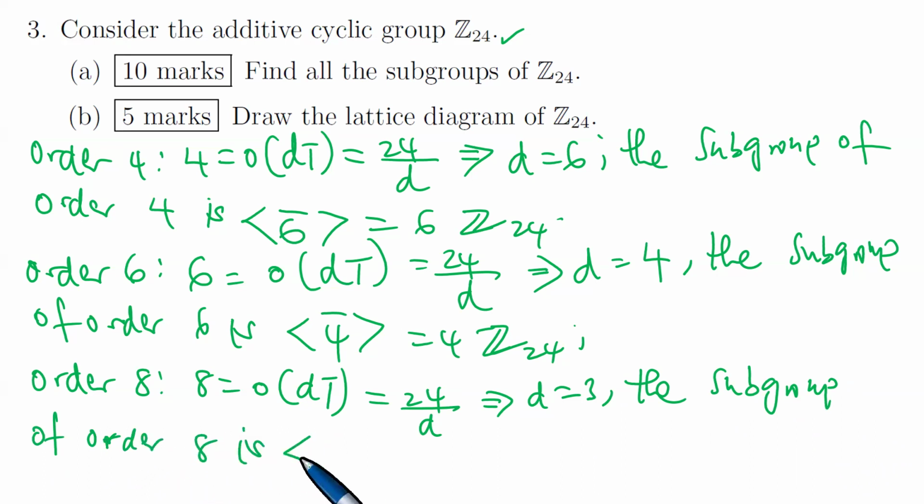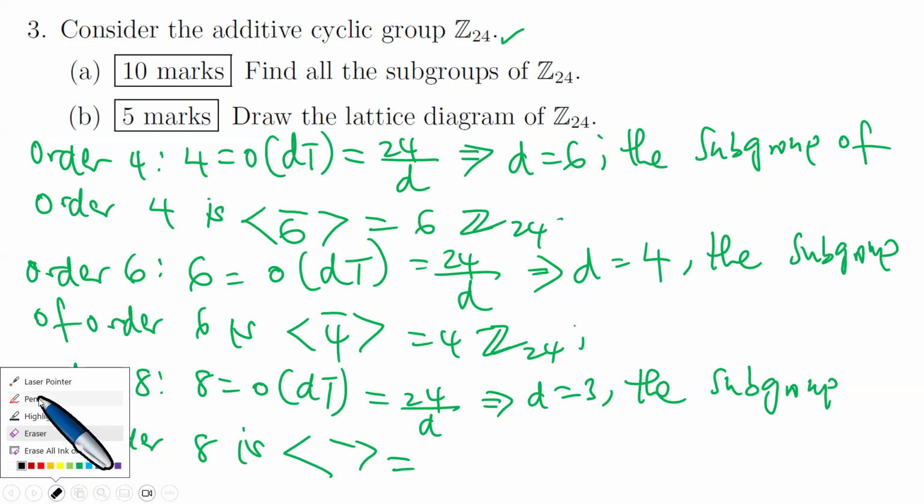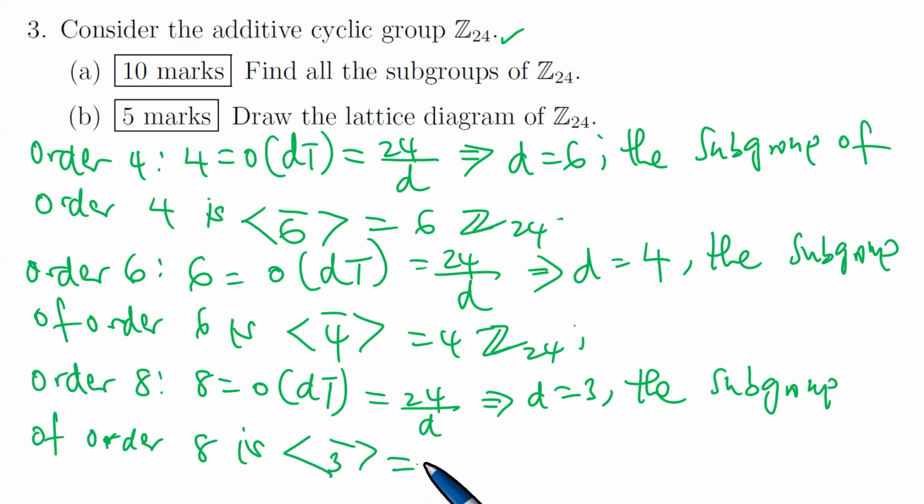It's 8 bar, which is 8. No, it's 3 bar because the divisor is 3. The divisor is 3, so it is exactly 3 bar, and from 3 bar, it is 3Z24.